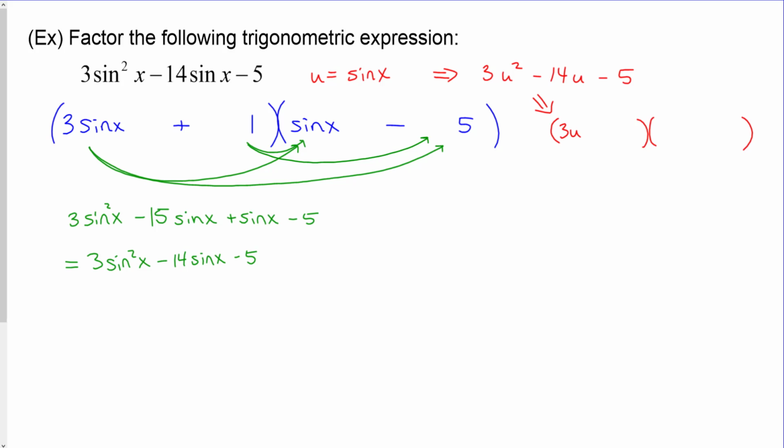So 3u and u, 1 and 5. And if this is a minus and that's a plus, that's good. But then we just have to substitute back in for the original variable. So we would still get 3 sine x plus 1 times sine x minus 5. Either way, you get the same result. Whatever you prefer there is perfectly fine. But do know that at some point you will need to be able to factor quadratics involving trig functions.